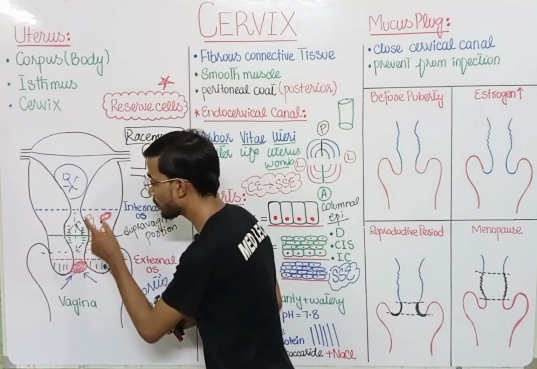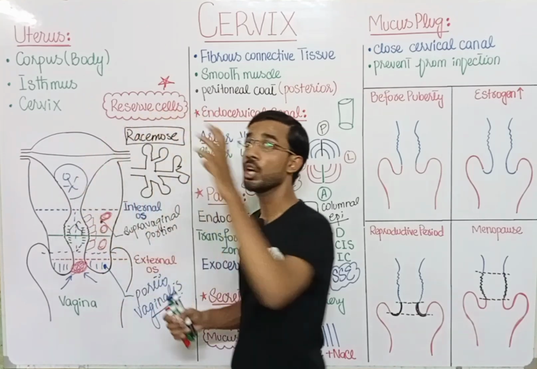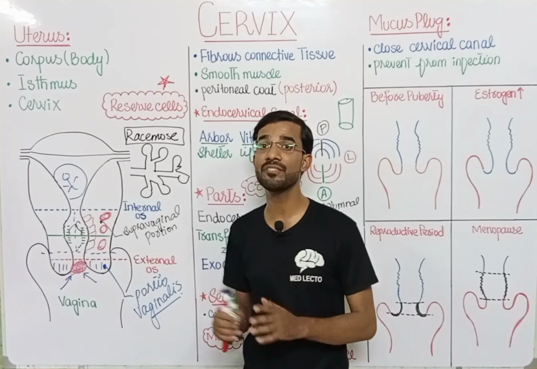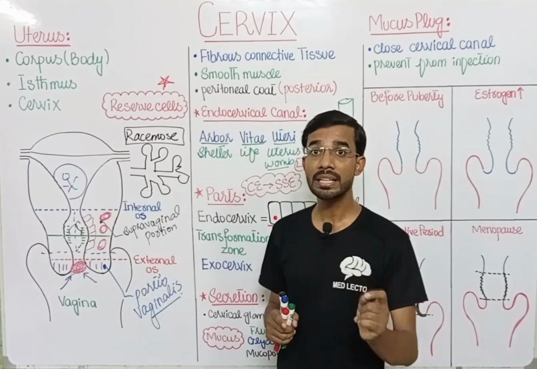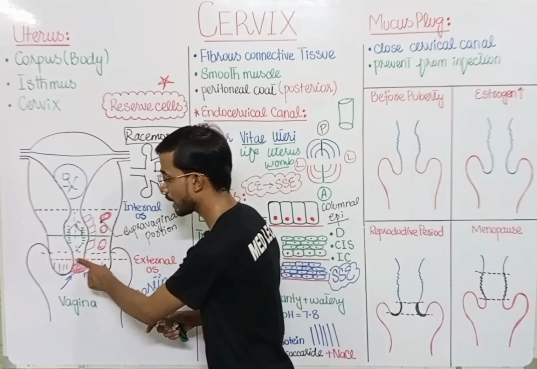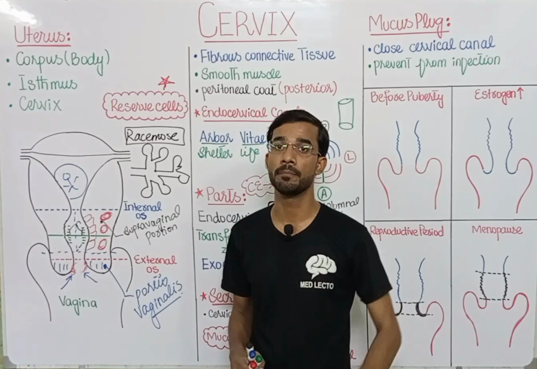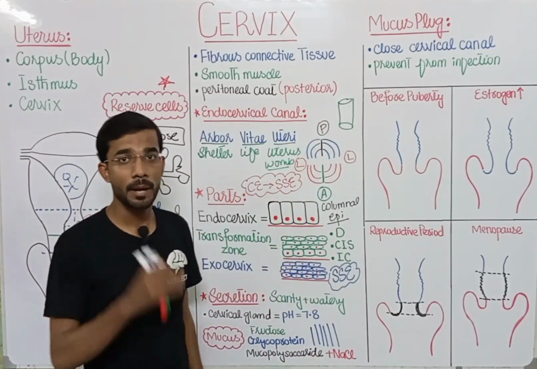The mucus plug prevents the spread of infection from the vagina into the uterus, so it saves the child from different infections. During birth, the mucus plug has to open so that the baby can easily be delivered through the birth canal. So that is the mucus plug.